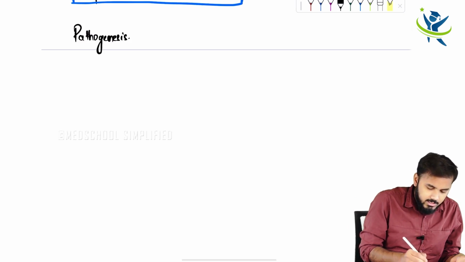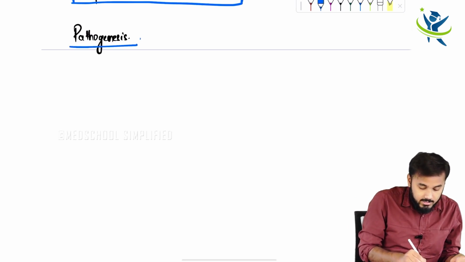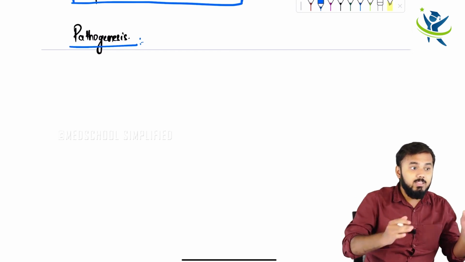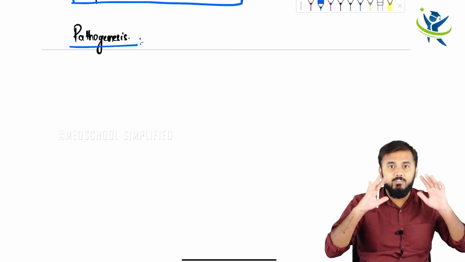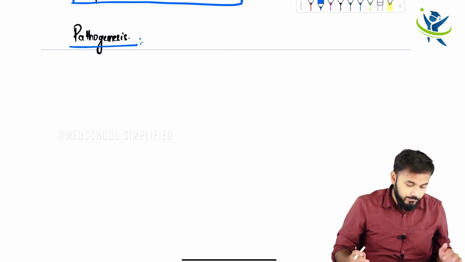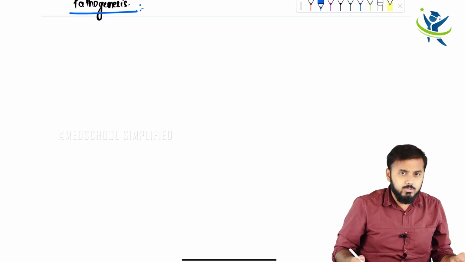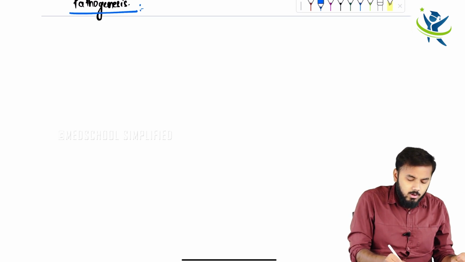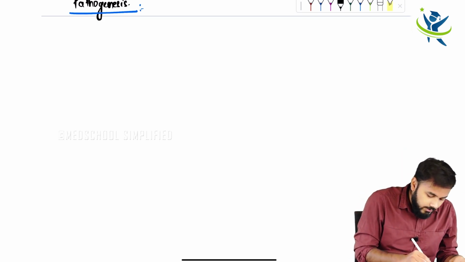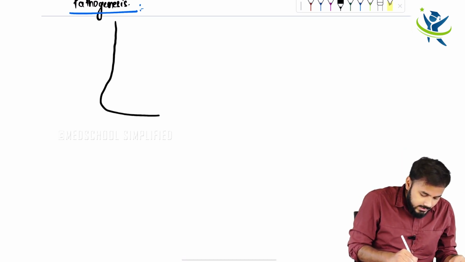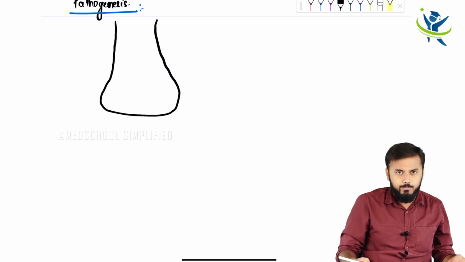It is very interesting, guys. At the end I'll compare it with Clostridium tetani also. You'll very clearly understand what I'm trying to tell you. Now, coming to the pathogenesis, one basic thing all of you have to know is that this is a presynaptic neuron.